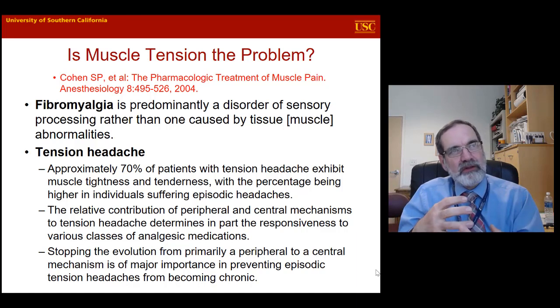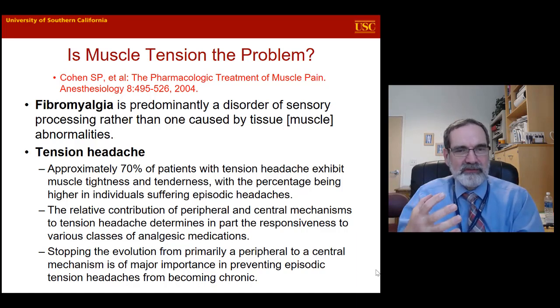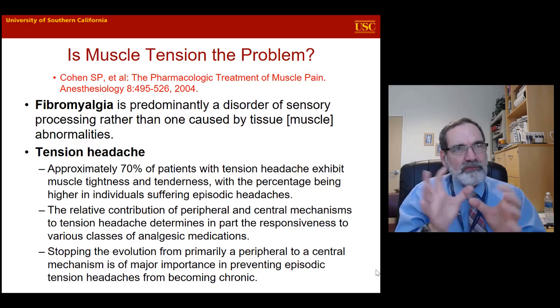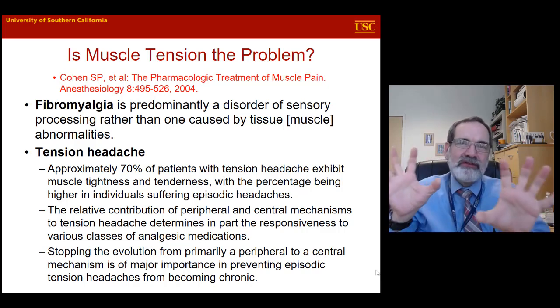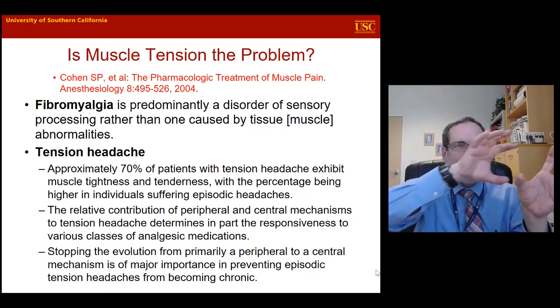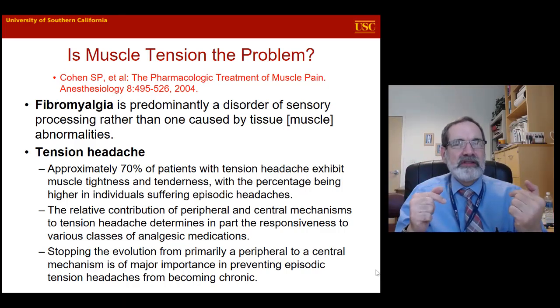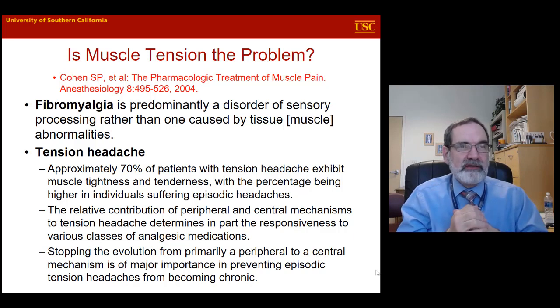Peripheral being more the muscles, and central being more the central nervous system, that contribute to tension headaches. And therefore, depending on each individual's mix, where they are on that spectrum from peripheral to central, we will see a different response to different medicines.